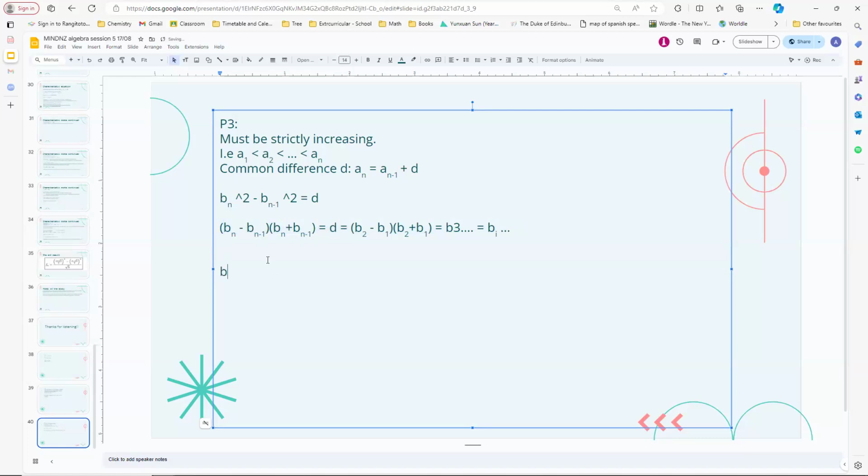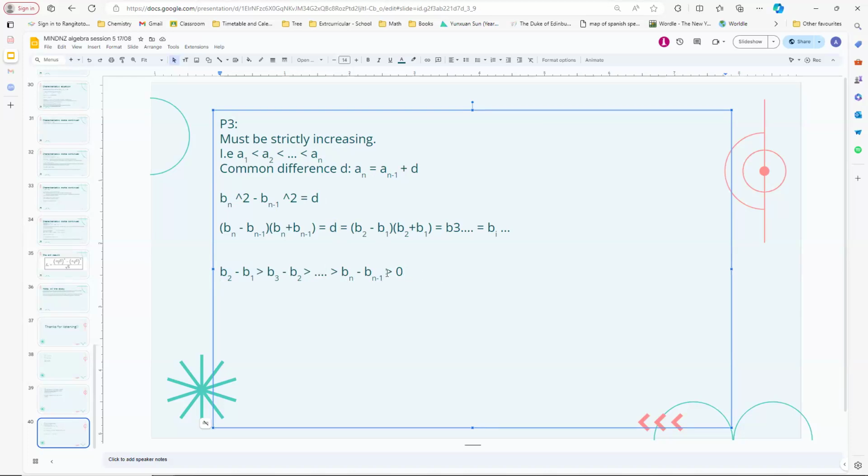We know that b2 minus b1 is larger than b3 minus b2, which is larger than dot dot dot bn minus bn minus 1, which is larger than 0, because the common difference must always be positive since the sequence is strictly increasing.